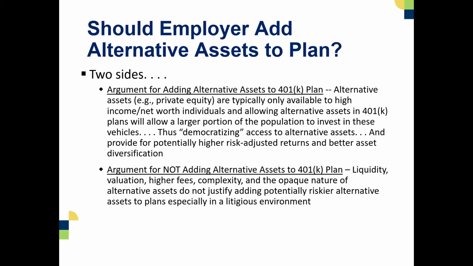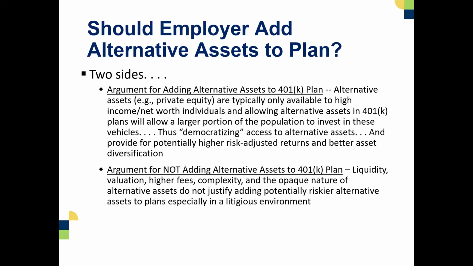The first argument is, yeah, we should add alternative assets to a 401k plan. And this is really the point of the presidential executive order, which says that private equity, for example, has only really been available to high net worth individuals or high income individuals.